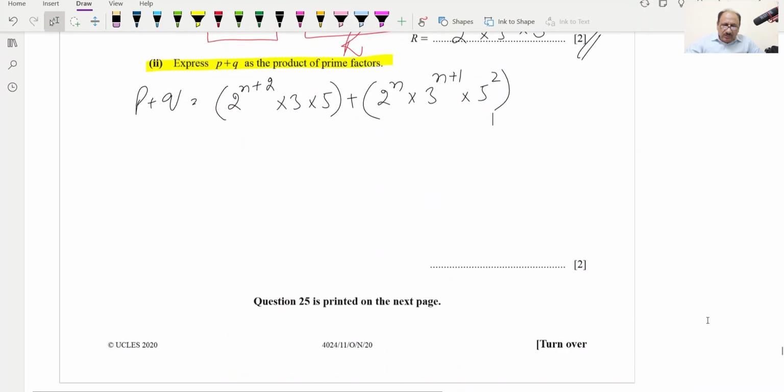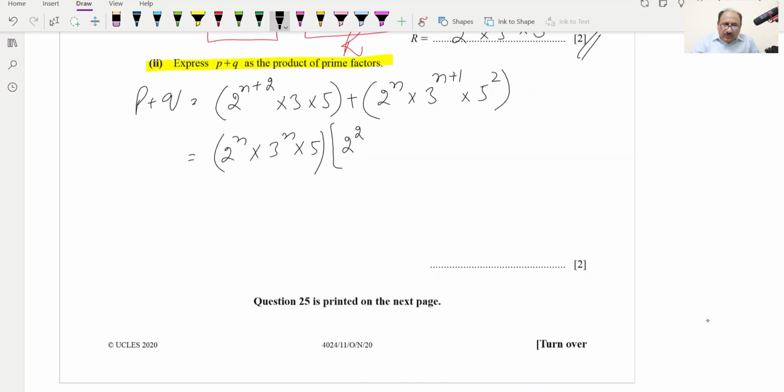Now we can take common, whatever is common. 2 raised to the power n is common in both, and 3 raised to the power n is also common in both, and 5 is common in both. Remaining, we can put in brackets: 2 raised to the power 2, because 2 raised to the power n is gone out.